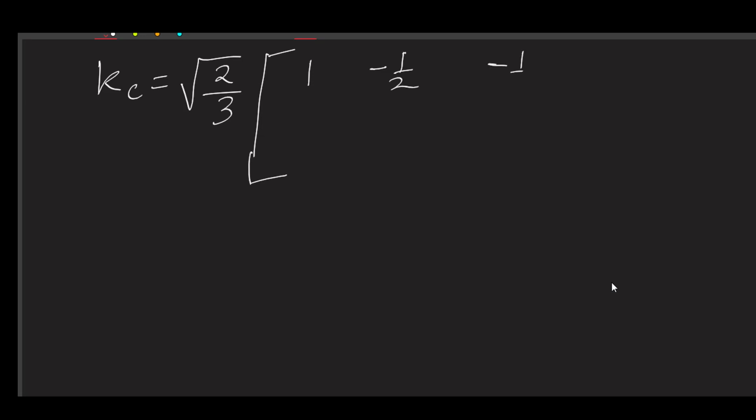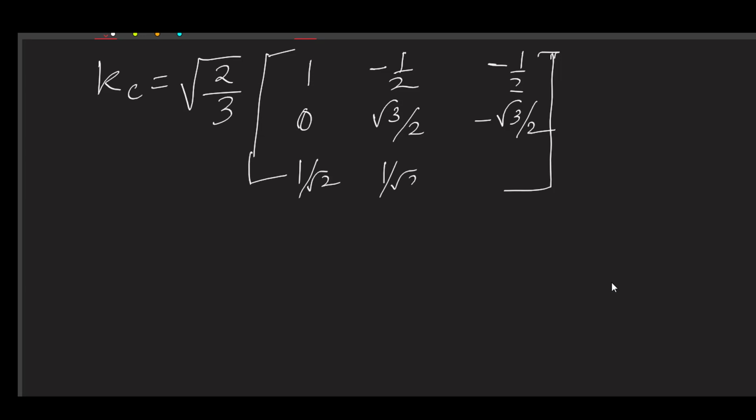So Clarke proposed a transformation matrix with entries like root 3 by 2 and 1 by root 2, 1 by root 2.